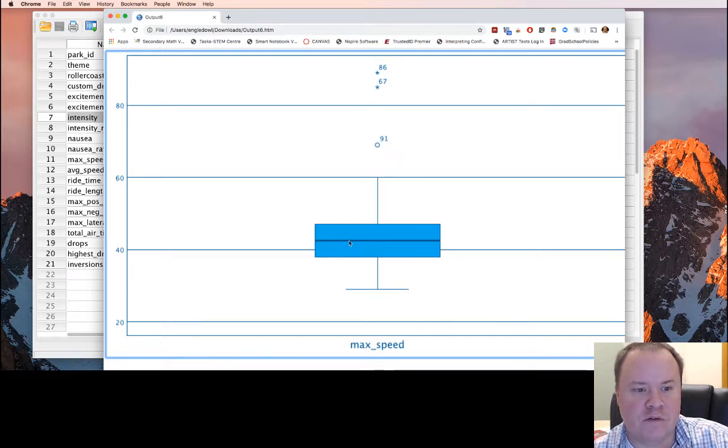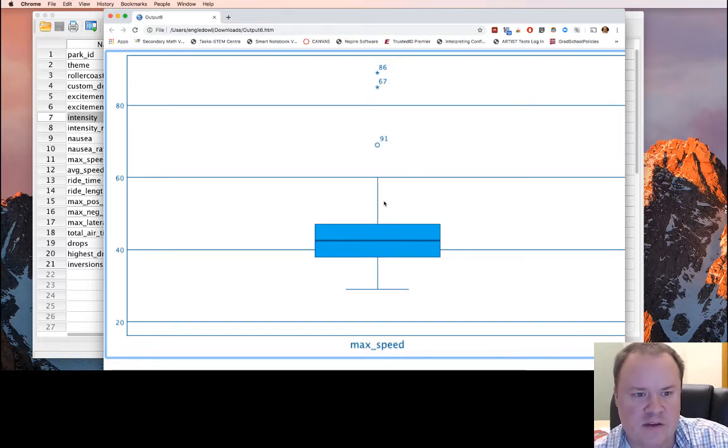And then another 25% up to the median, which means this 25% plus this 25% makes the 50%. Remember, the median is the 50th percentile. 50% of the data is less than, and 50% of the data is greater than it. And then another 25% is between the median and Q3, which is the top part of the box here, or the right part of the box if you think about it sort of turned.